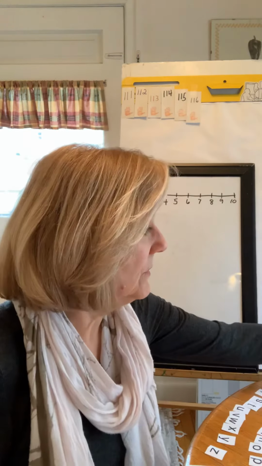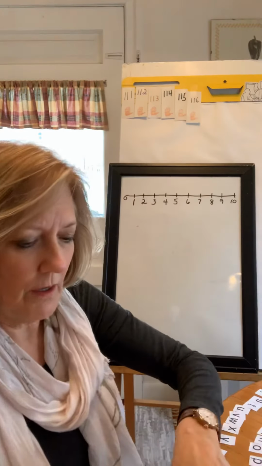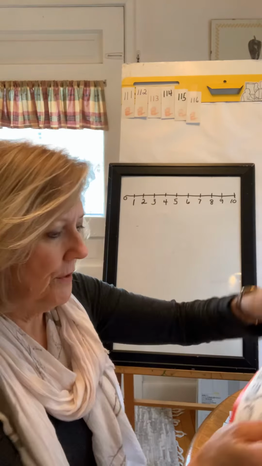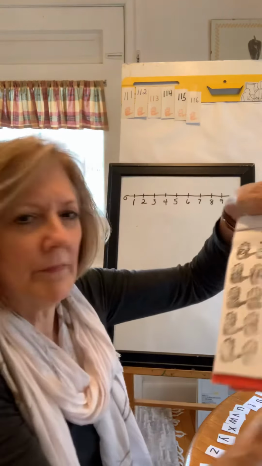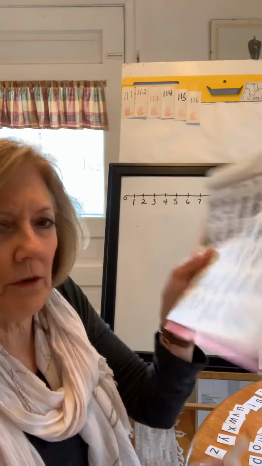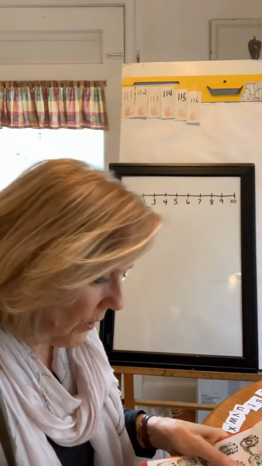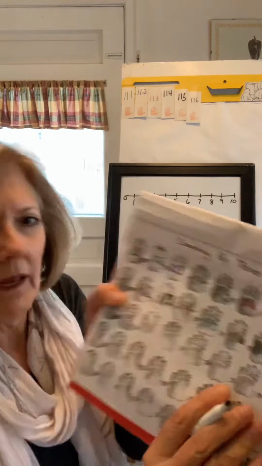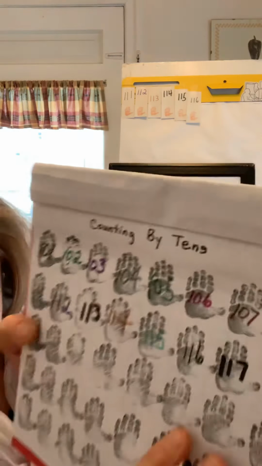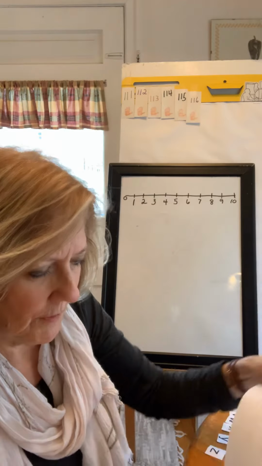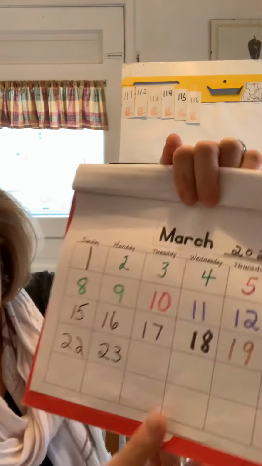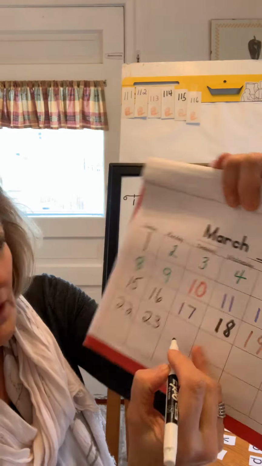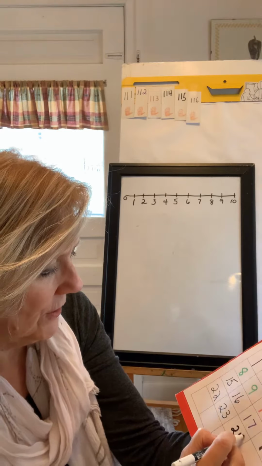So you know how we start. We start with what number day of school we have. So here's my calendar, and we are on 117th day of school. And then we flip to our March calendar. Today is number 24.